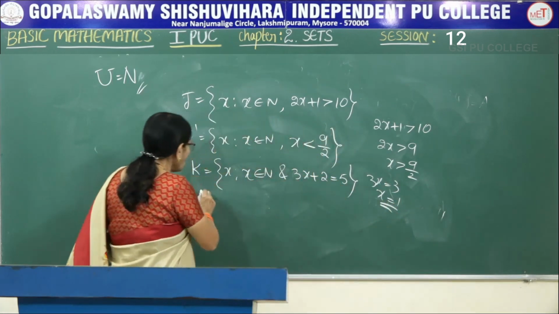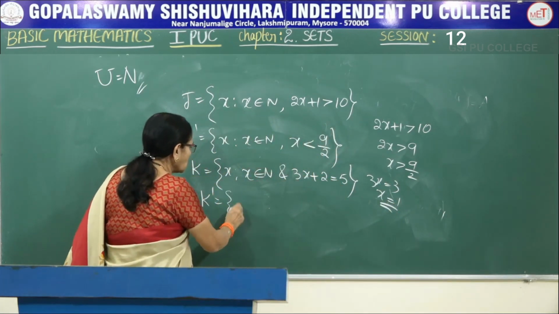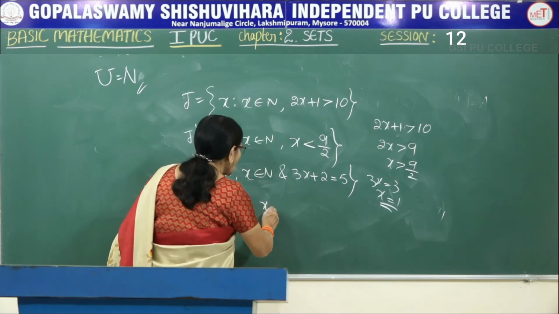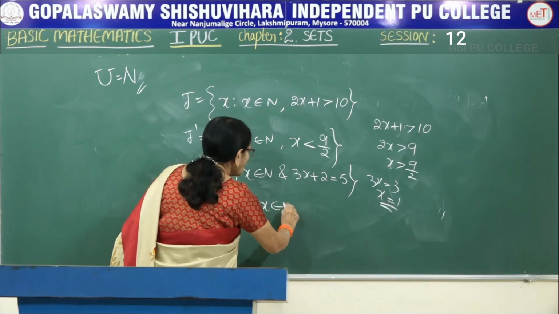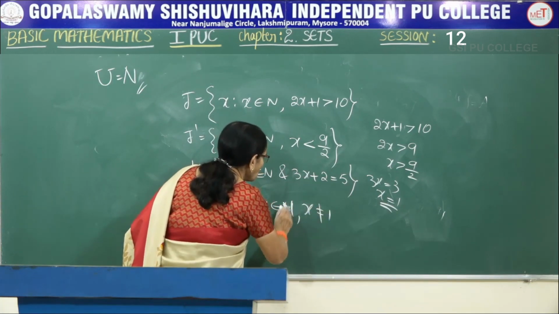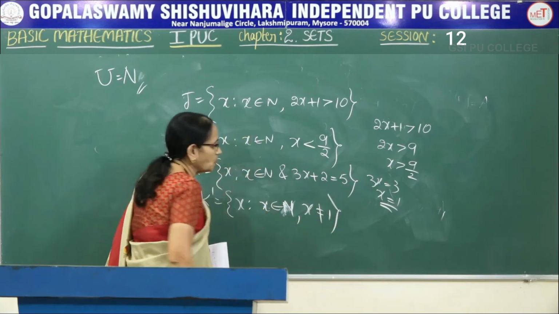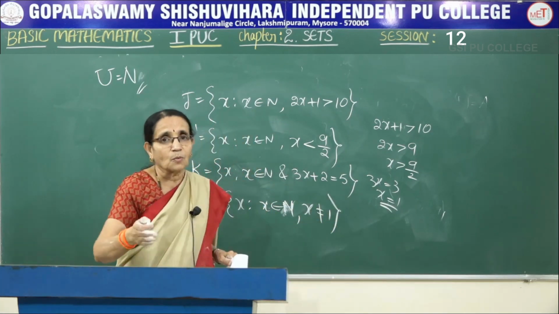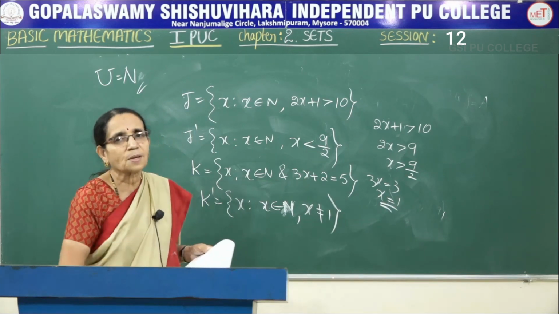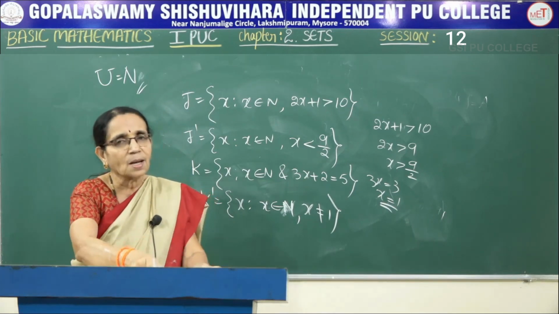So what can be the complement of this one? K dash would be containing all x such that x belongs to n, and x is not equal to 1. That means starting with 1 omitted. So what are the remaining elements? 2, 3, 4, 5, 6, 7, etc. Those are the elements here.